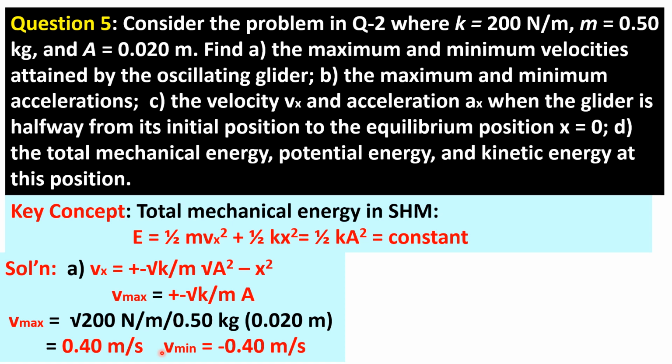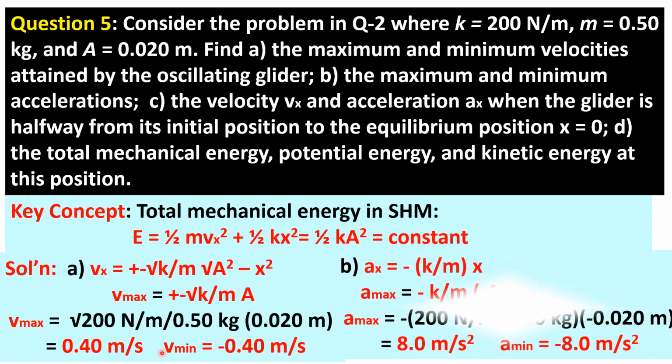And for the minimum, what is the minimum velocity? Because the question is asking also for the maximum and the minimum velocity. So for the minimum velocity, we just put a negative sign.